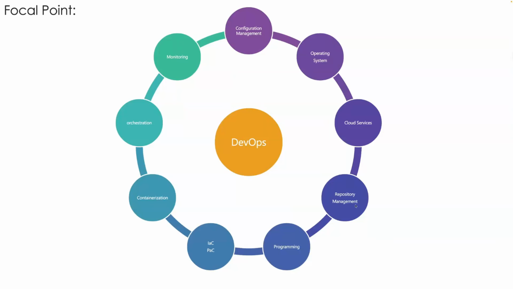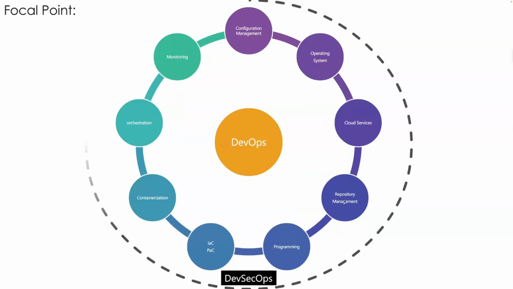Very importantly, we'll talk about repository management. Repository management will focus on Git. Git is the tool which we will focus on. There will be questions: we are not developers, why do we need to learn Git? If that is the question which you have, being a DevOps engineer, your day in, day out job will be on Git.